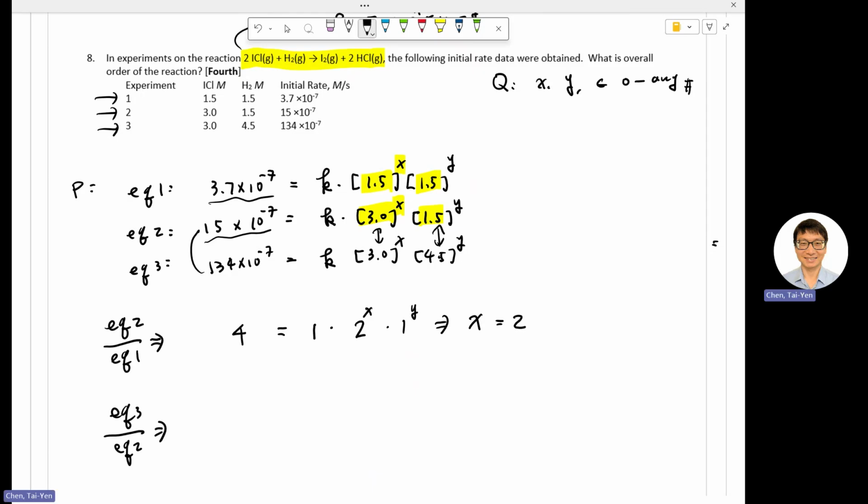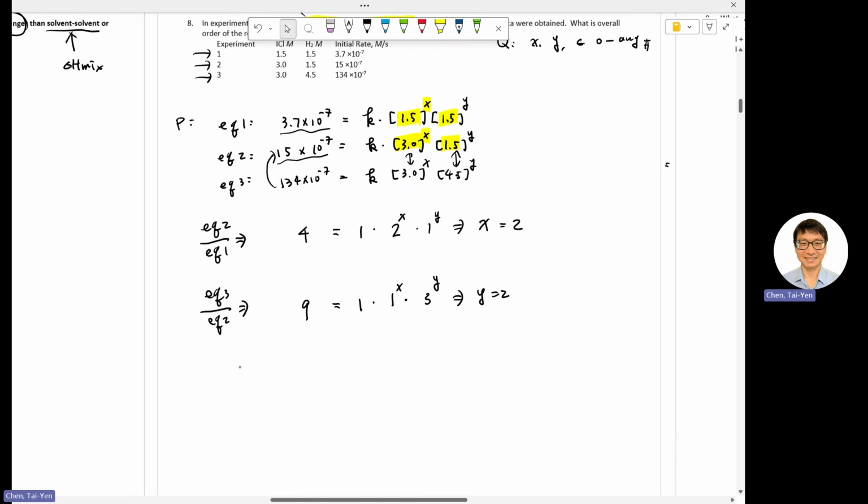This divided by that is roughly 9. K divided by K is 1, 3.0 to the X power divided by 3.0 to the X power is 1, and then this will be 3 to the Y power. Therefore, you know Y equals 2.